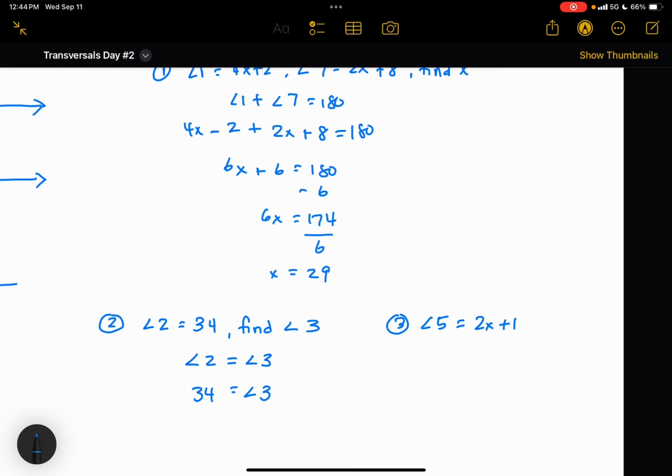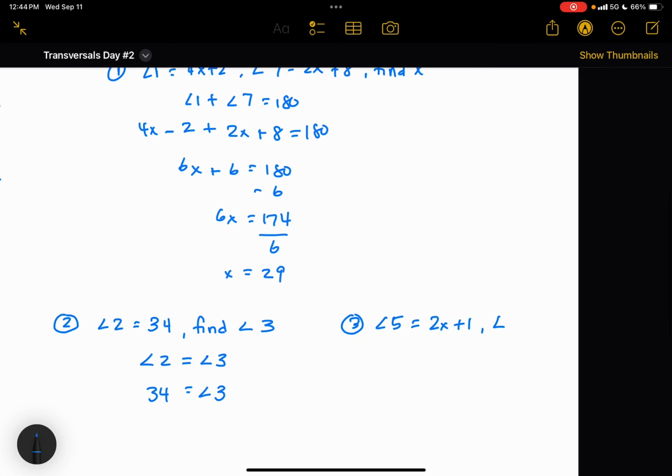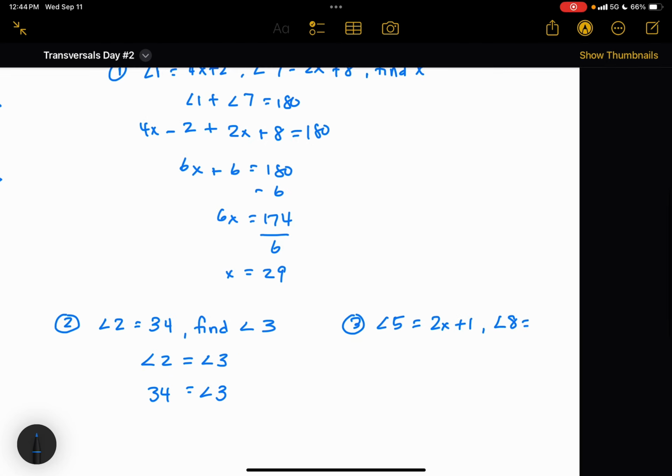Okay? If I tell you that angle 5, this is the third one, angle 5 is 2x plus 1, and I tell you that angle 8 is going to be, we'll say, x plus 6, and we want to find x.